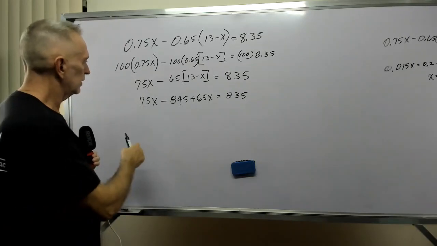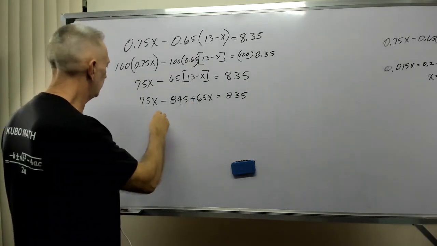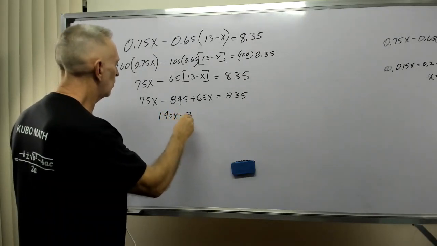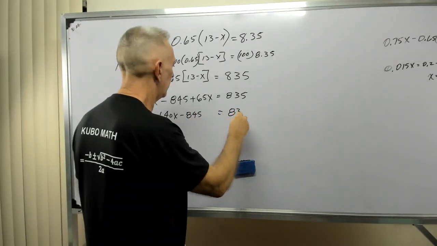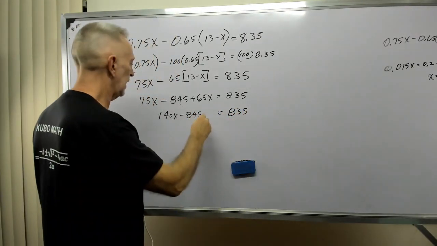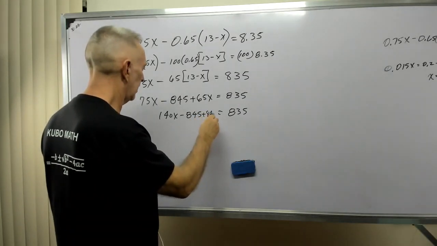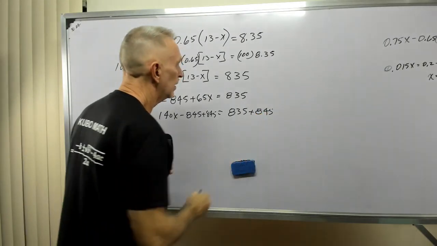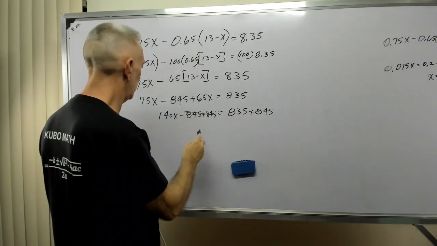Well, all right, so 75x and 65x gives me 140x minus 845 equals 835. Well, let me add 845 to both sides. Okay, so those cancel on that side.